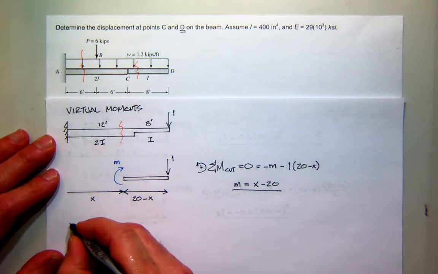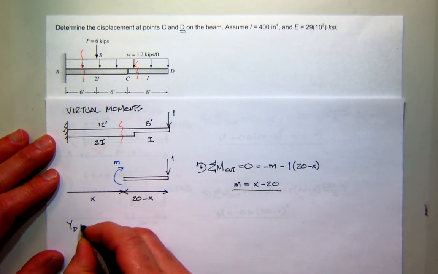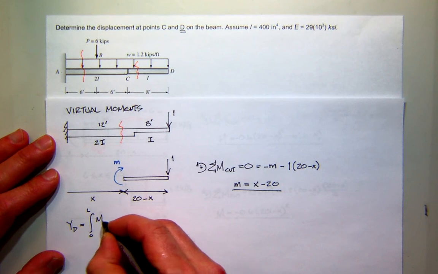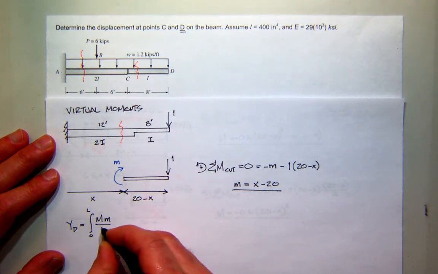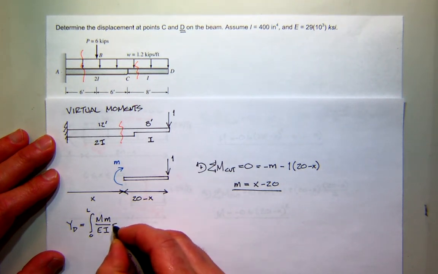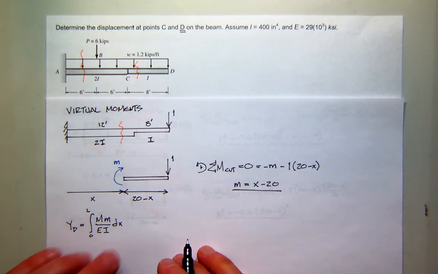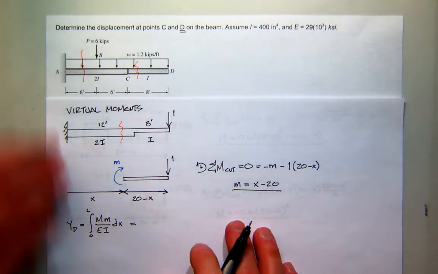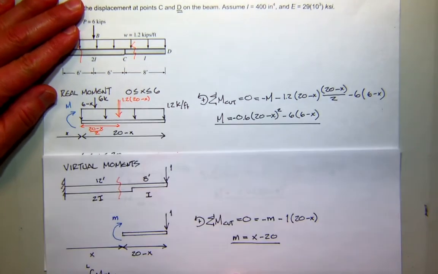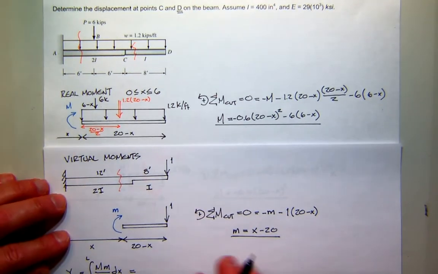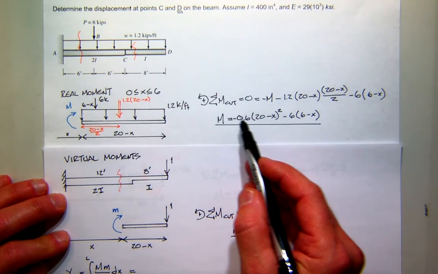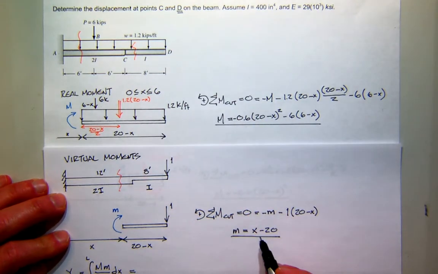So my displacement at D is defined as the integral over the length of the real moment, the virtual moment, divided by EI times dx. So for our case, what are we going to do? Well, if you slip back here for a second, you'll know that the real moment from 0 to 6 is this equation. So I'll match that with my virtual moment.